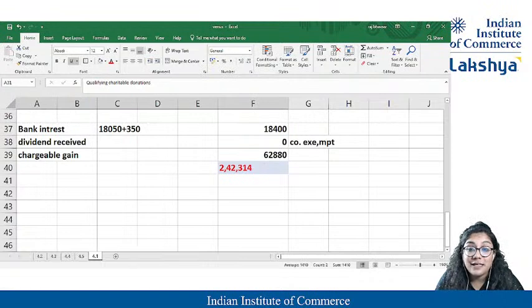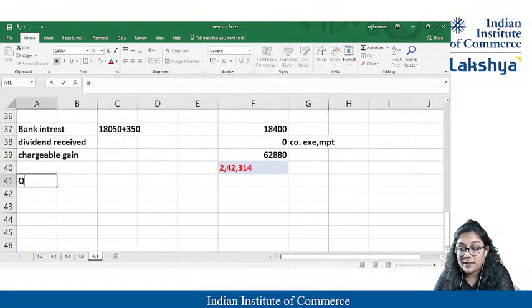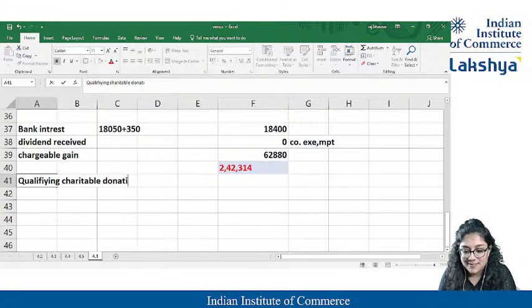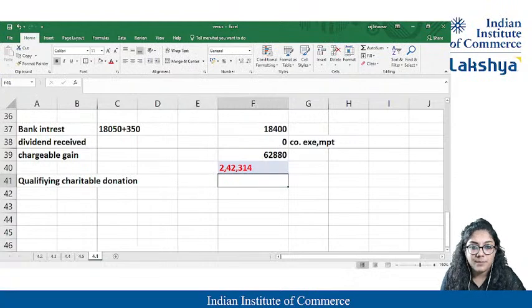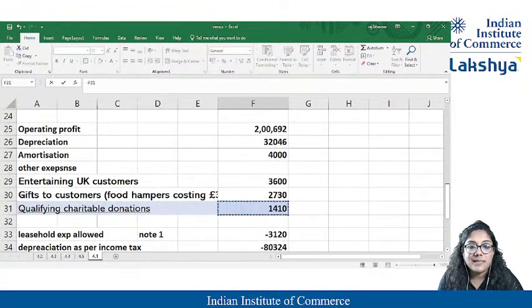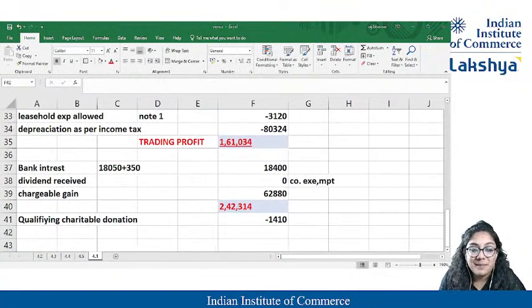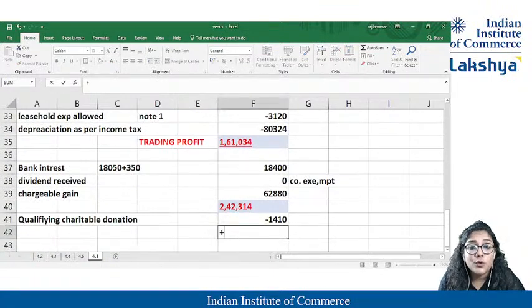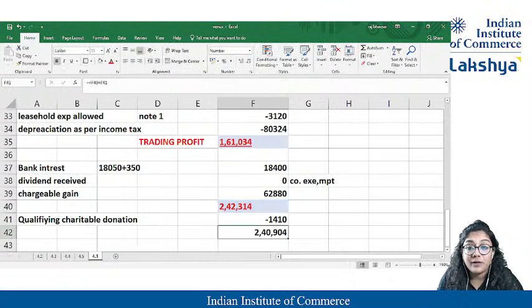So the qualifying charitable donation is now reduced. The amount, 1,410, is to be reduced now. Simple. After reducing, for group relief you can get the profit, right? So I'm getting the profit again.